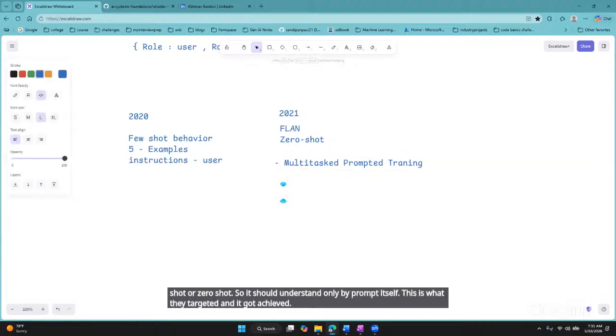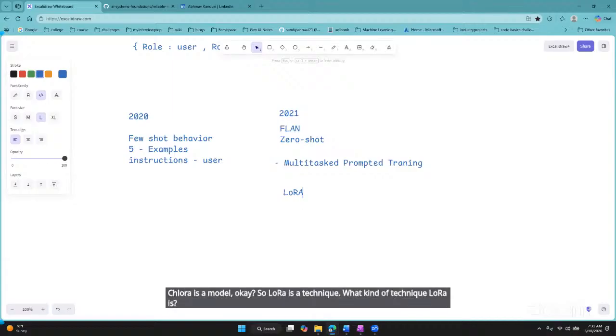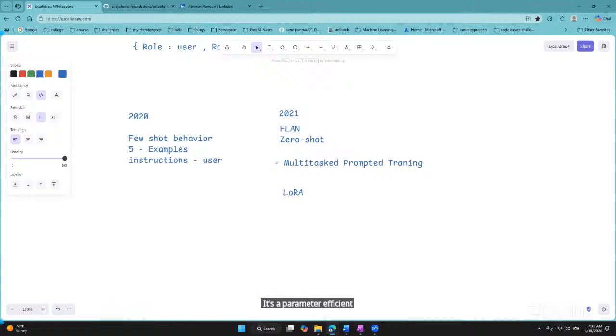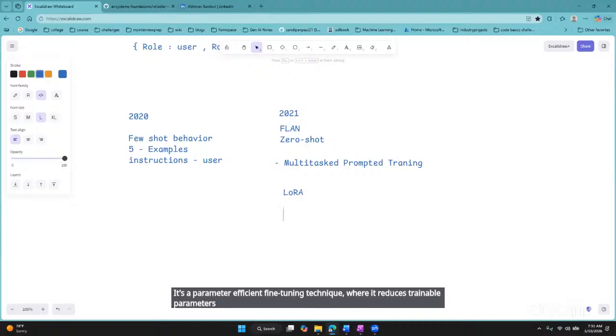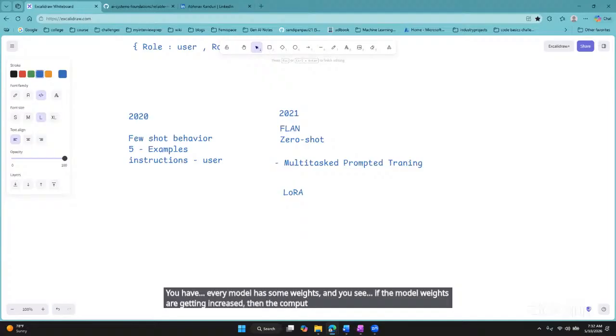Now, at the same time, there is something called LoRA. LoRA is a technique. What kind of technique is LoRA? It's a parameter efficient fine tuning technique where it reduces trainable parameters. Every model has some weights, and if the model weights are increasing, then the computation is increasing, the memory is increasing, and the size of the model is increasing.